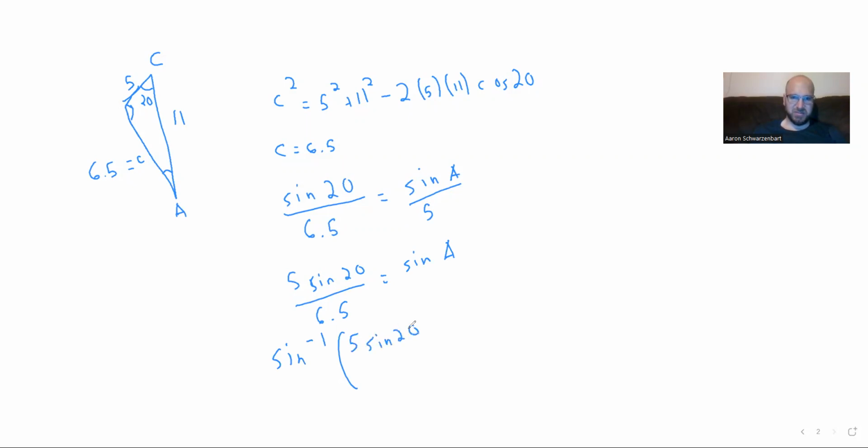A lot of times I would do the number on the calculator first, but I don't have a calculator handy. And that'll give me angle A, which is 15.2. And then to get angle B here, I just do 180 minus 20 minus 15.2. And I get 144.8.